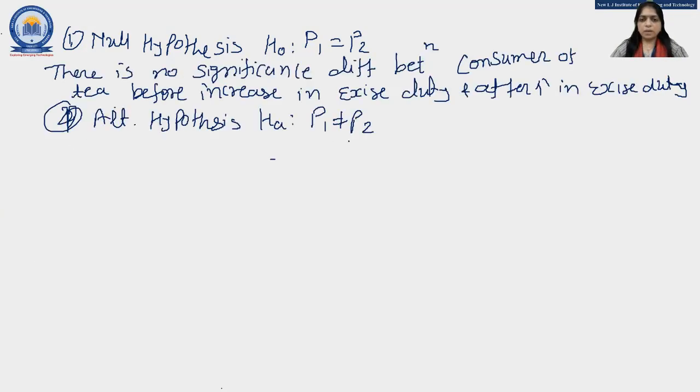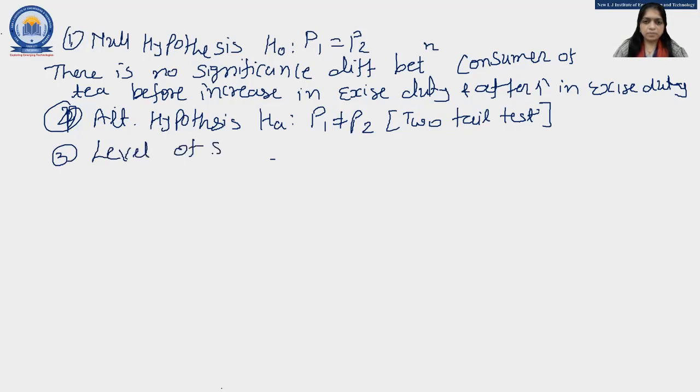Number 2, alternate hypothesis is P1 not equal to P2. So two-tailed test is there. Third one is the level of significance, alpha, and that is 0.05.